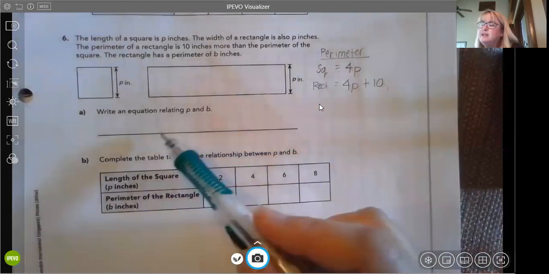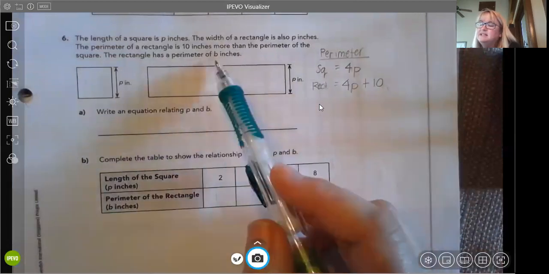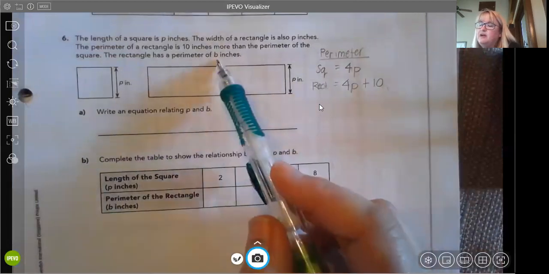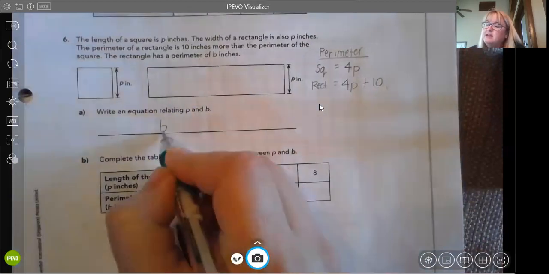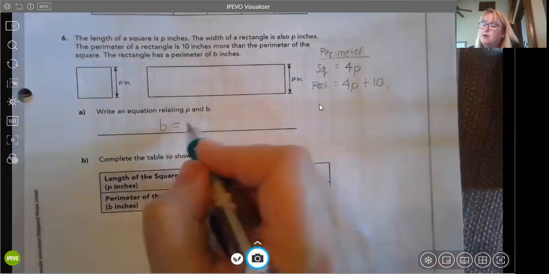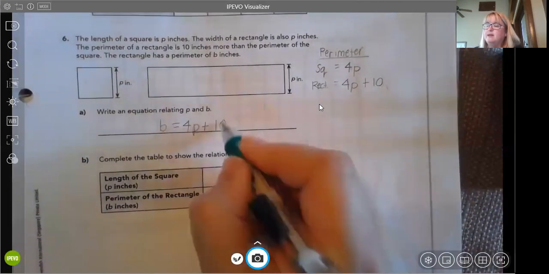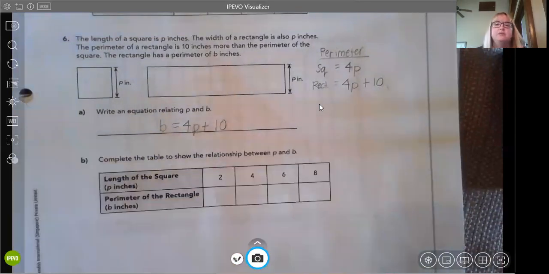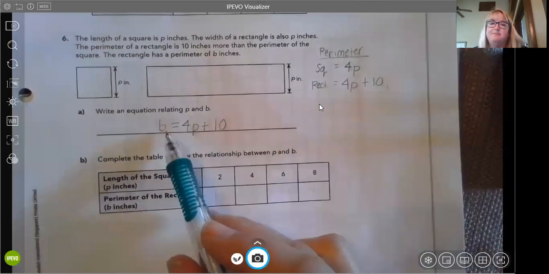Write an equation relating P and B. B is the perimeter of the rectangle, so B equals 4P plus 10.